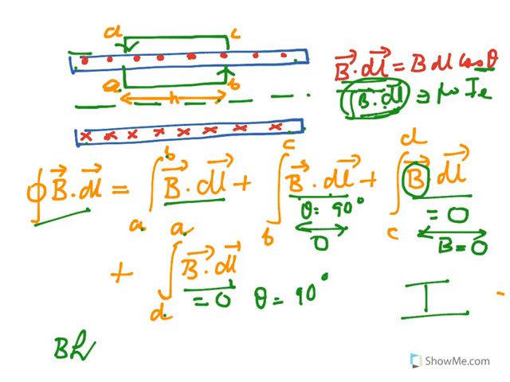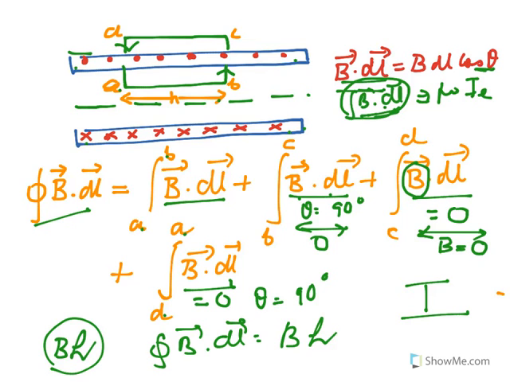So cos theta is equal to 0. So the line integral of B dot dl becomes equal to B into h.